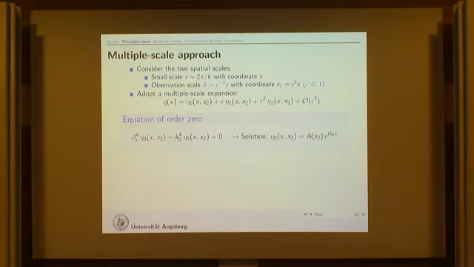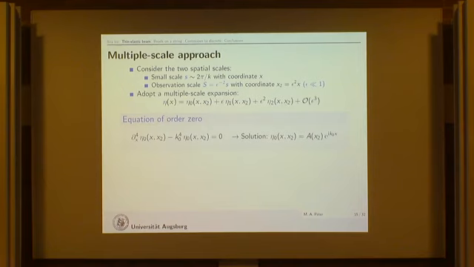For the 0th order term, I just get the beam equation for the mean wave number. That's not very surprising. The solution looks like an oscillation on the local scale times some amplitude, which depends on the long scale. And actually, what I'm interested in is exactly this coefficient here, right? I want to know the large scale behavior.